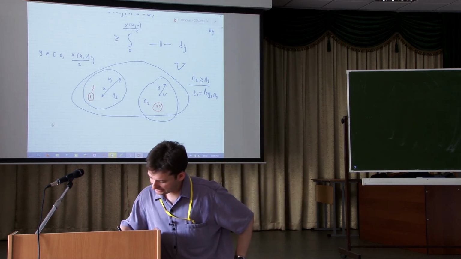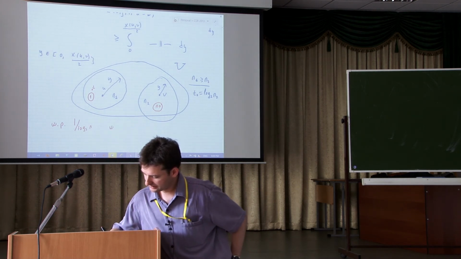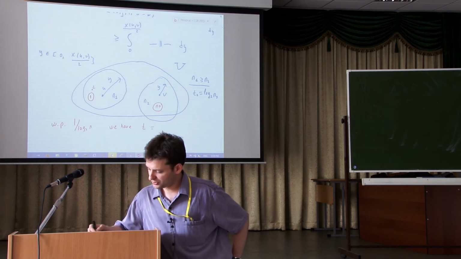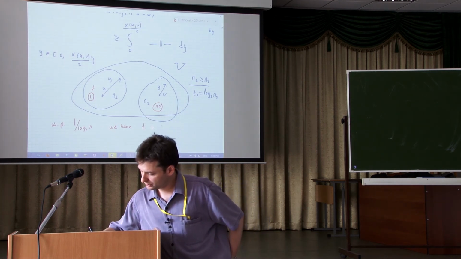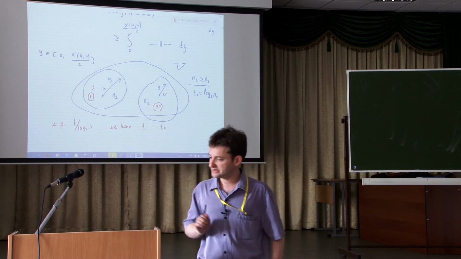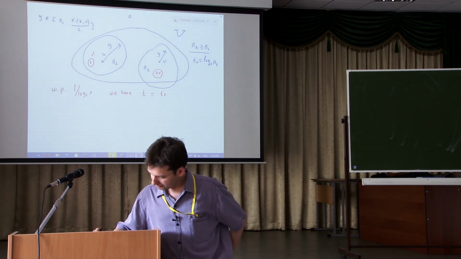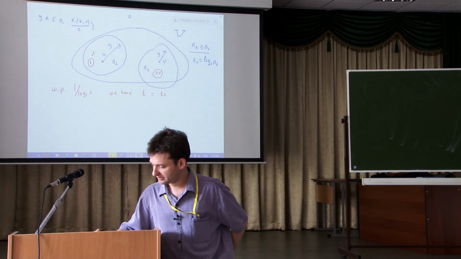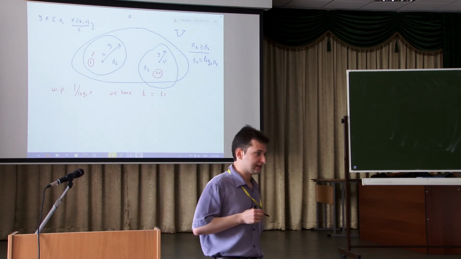So this probability is 1 over log n, we have that the random t, which we chose for the zero set, T was the scale from 1 to log n, is equal to T0. And conditioning on T being equal to T0, let's see what the probability is that we have no points in the right ball around V and a point around U. So these events are independent, right?